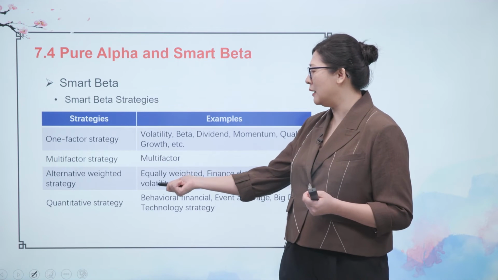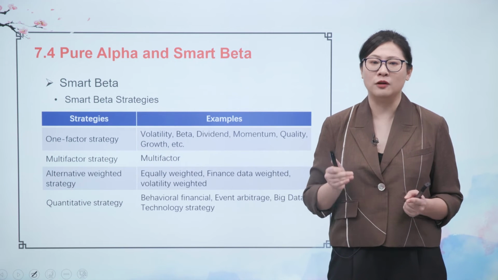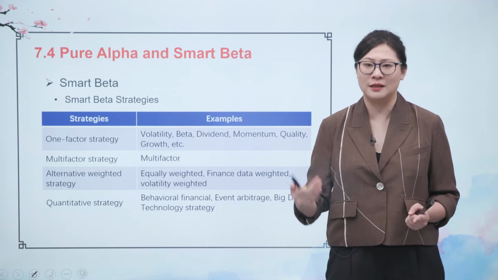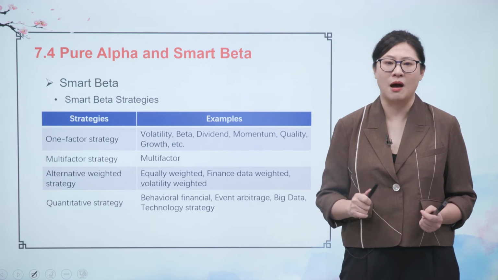And the last is called volatility weighted. Based on volatility, to minimize the volatility, we decide the weight for each individual stock.